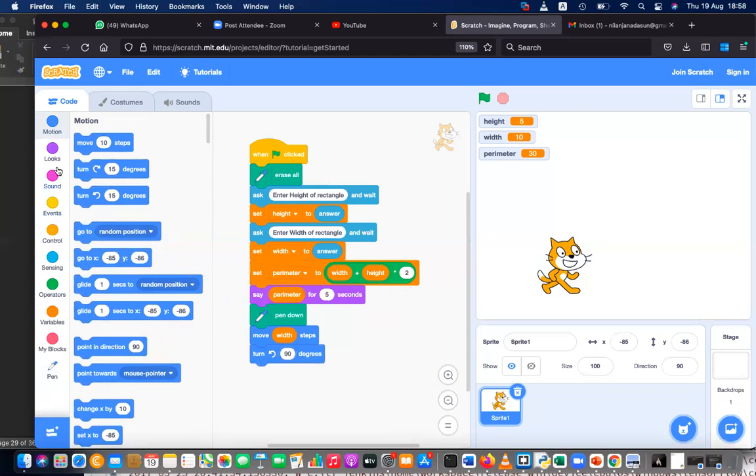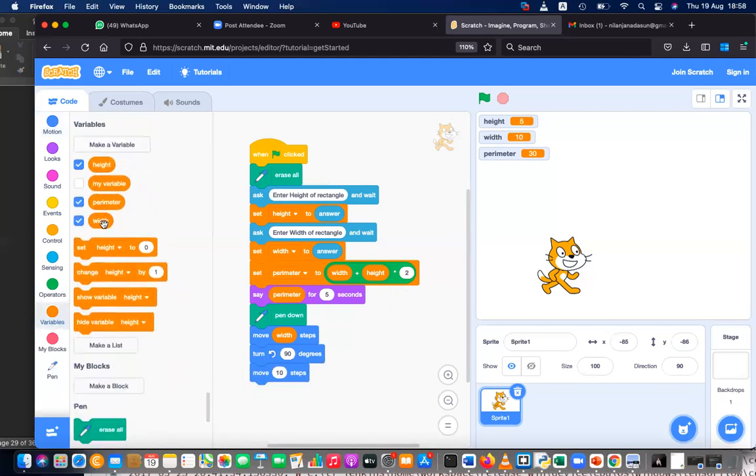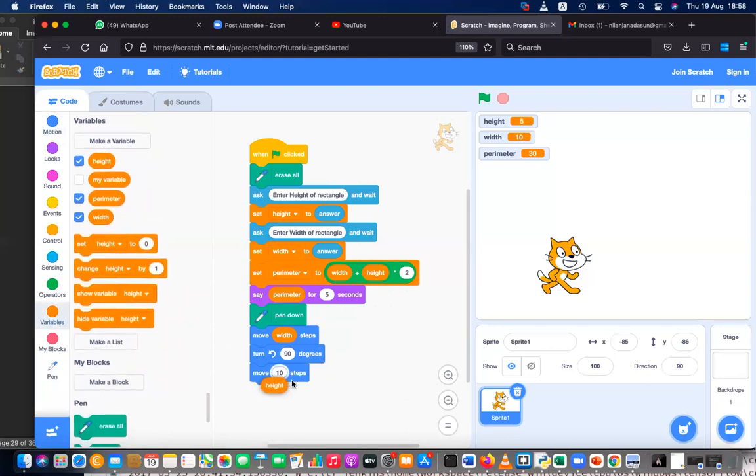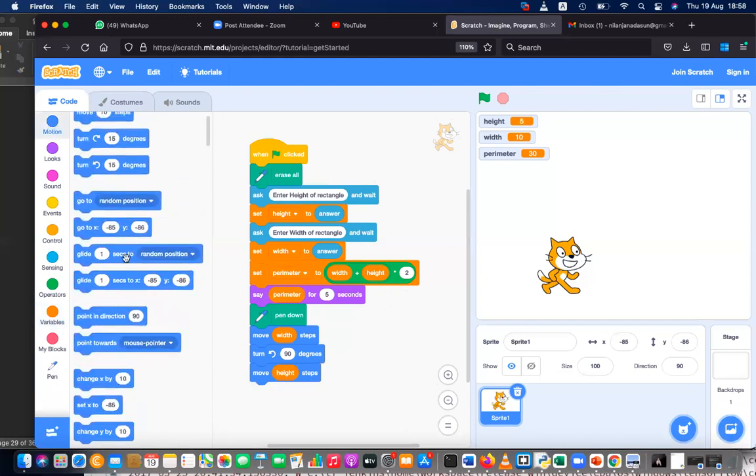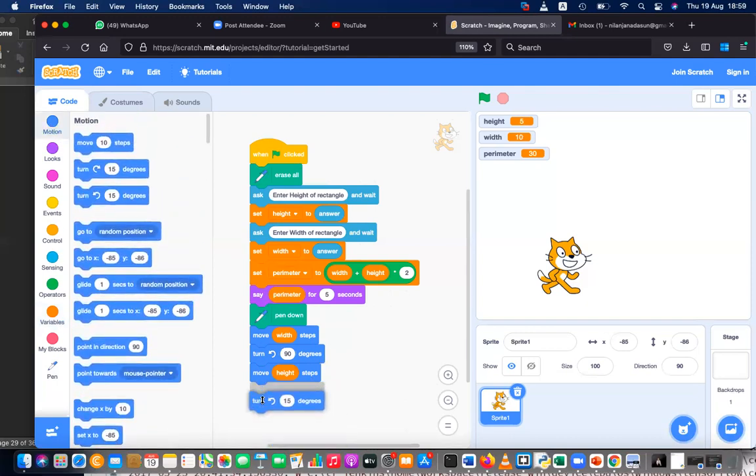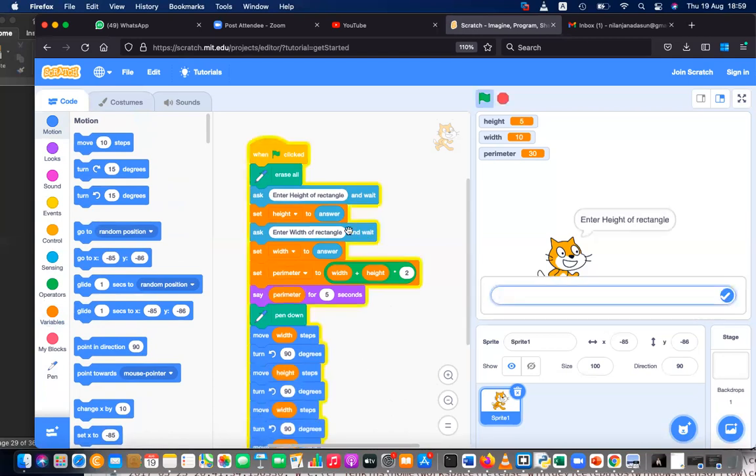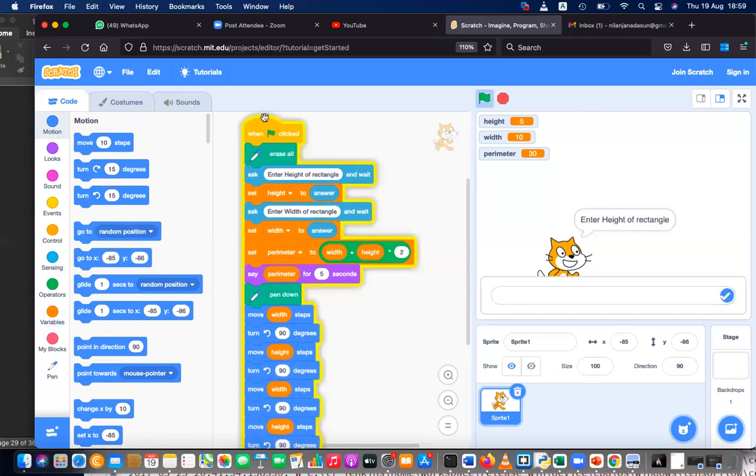And then again from the motion, move height. Again turn 90 degrees. Then again do the same thing. Again you need the width and height. So that is how you draw the rectangle.